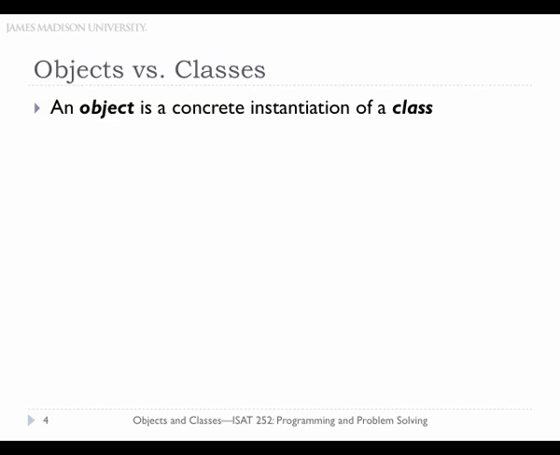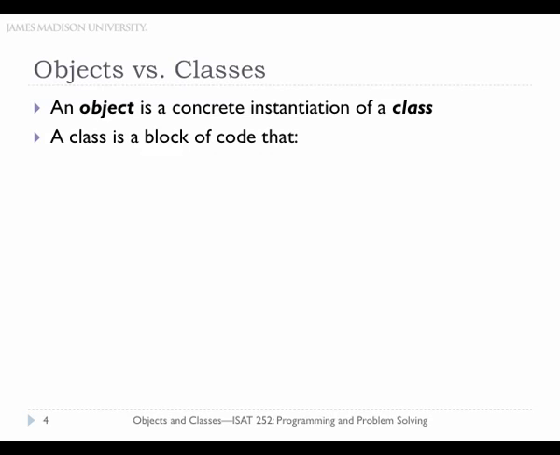Each one of those child classes inherits some of the properties of the parent class, which would be automobile, and in turn those child classes each implement something specific. So a truck is going to have payload and bed size and things like that, whereas a sedan is going to have different properties associated with it. So that's the concept of classes and objects. Classes are a generic description of a type of object, and an object is the concrete instantiation of that idea.